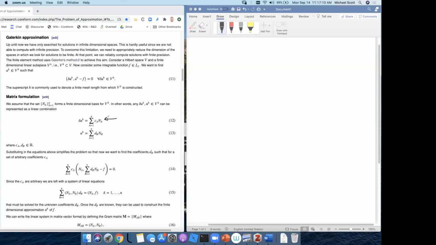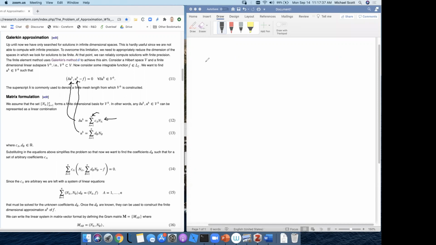And this linear combination is finite. So there's n of them. And so what we're going to do is we're going to take this linear combination and we're going to plug it in to our discrete weak form, and out will pop our matrix equations. So let's go ahead and do this.